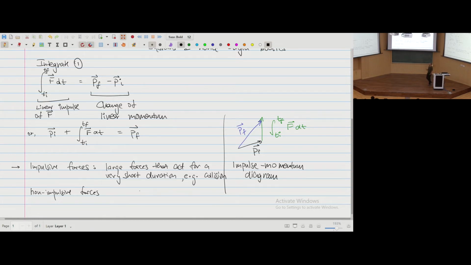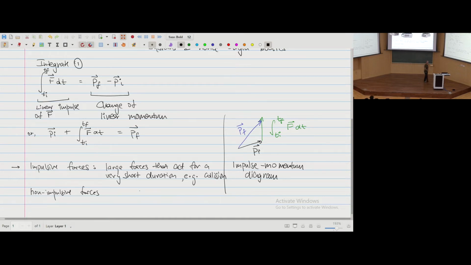Now, let us look at the impulse momentum equation. That is the initial momentum plus the impulse equals final linear momentum. So, can we conclude that non-impulsive forces do not change linear momentum? No, right?